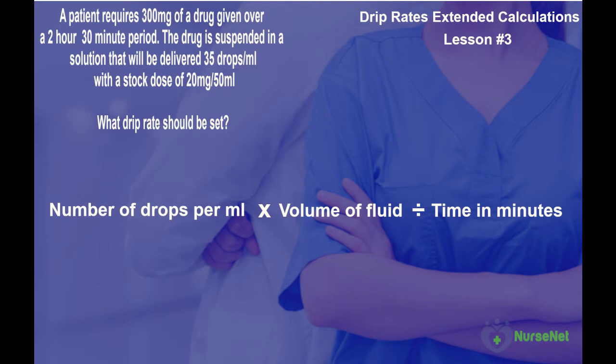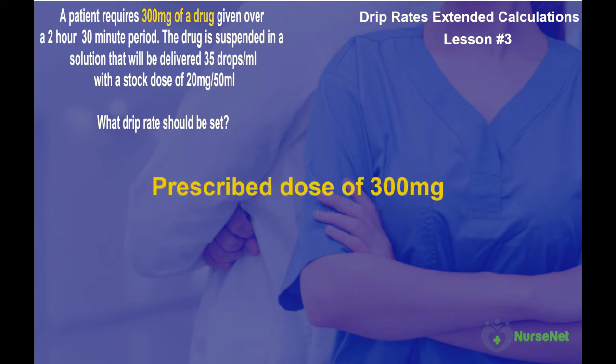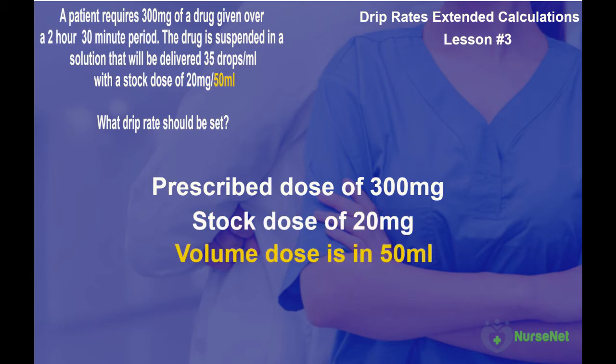In our question, we've been given enough information to input the figures into this formula, but we need to do a bit of work to get the figures we need. Breaking this question down, we've been told the prescribed dose of 300 milligrams, the stock dose, which is 20 milligrams, and the volume of the solution that the stock dose comes in, which is 50 milliliters.